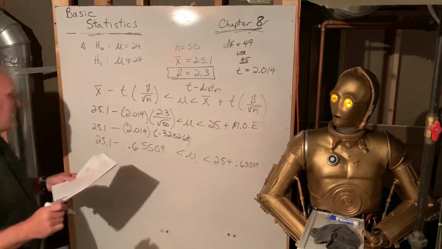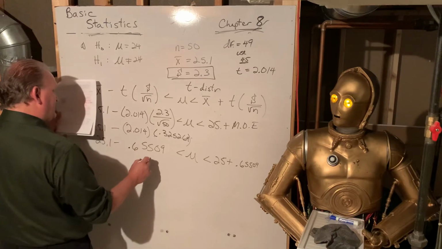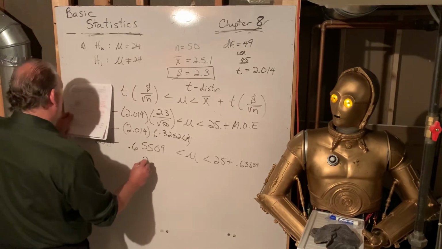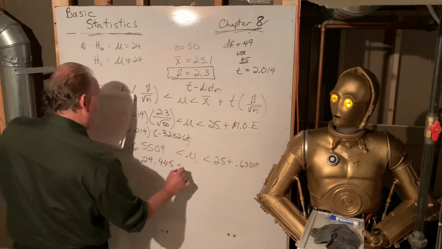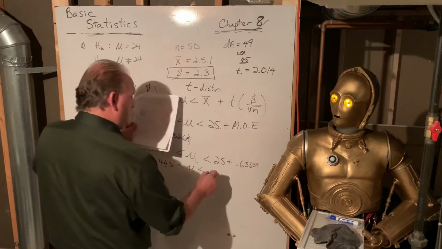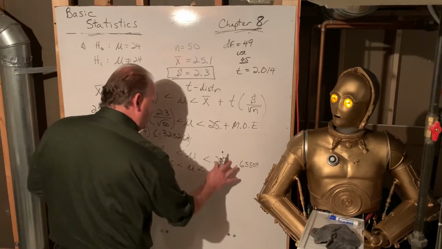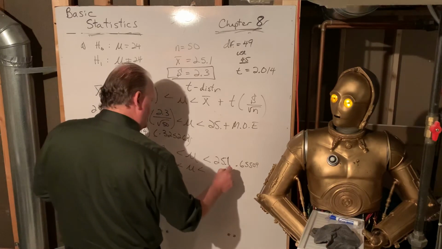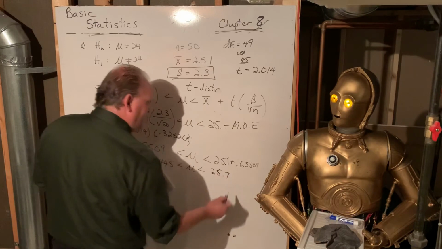And so let's take a look at that. 25.1 minus 0.655 is 24.445. And 25.1 plus that is 25.755.